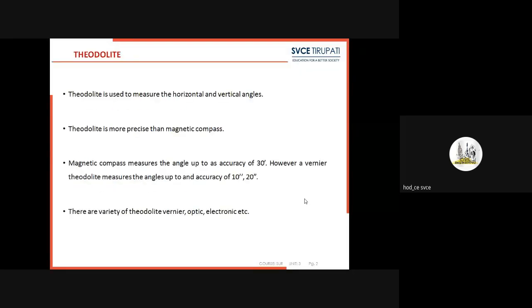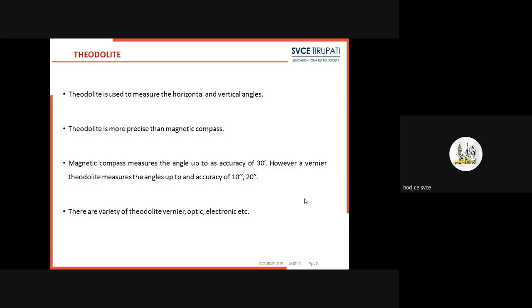See here, theodolite. Already I told you that theodolite is used to measure the horizontal as well as vertical angles. Horizontal angles means here we have one of the horizontal graduations, right?